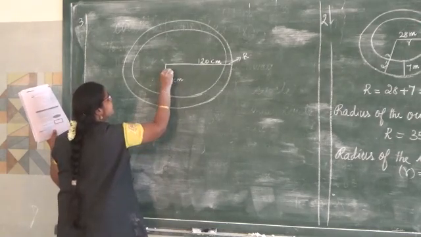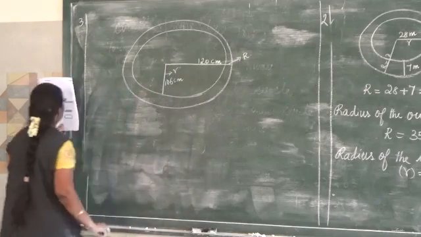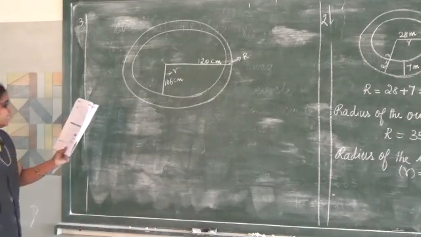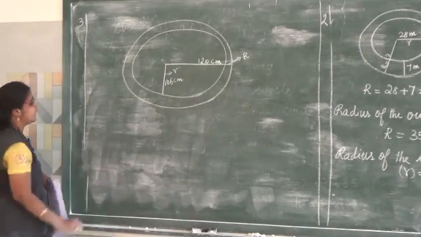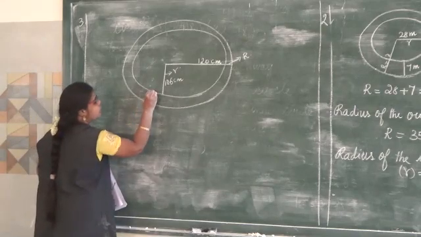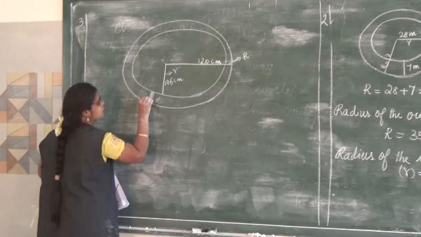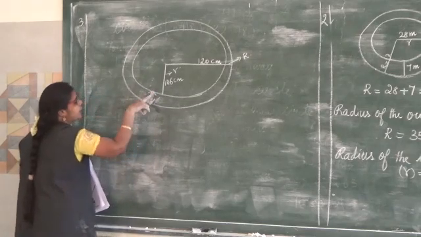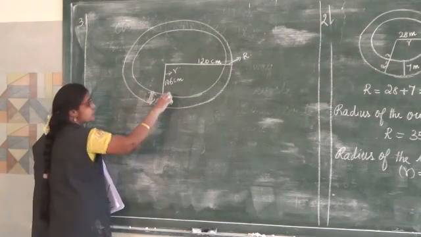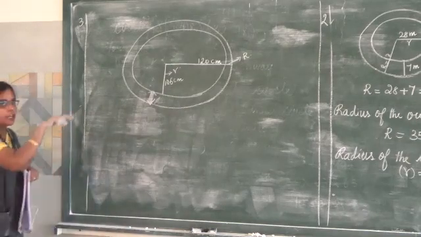This is smaller. We have to find the area of the hall uncovered by the carpet. So you have to find this portion, the area of the circular pathway which is uncovered by the carpet.